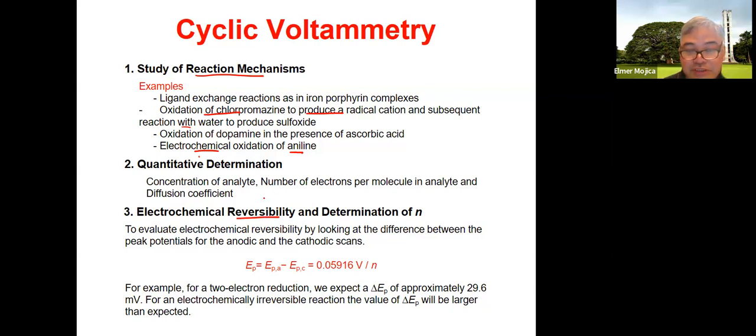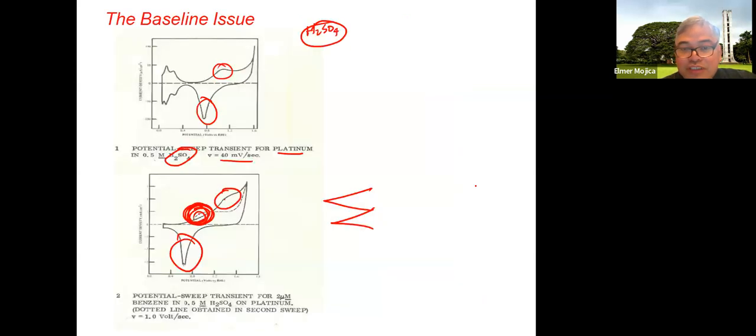Okay, so to evaluate the electrochemical reversibility by looking at the difference between the peak potential for the anodic and the cathodic scans. So if they are reversible, usually, if you have a peak here, most likely you have a peak there. Now, if you don't see that, so maybe what can happen? There could be some intermediate that's formed.